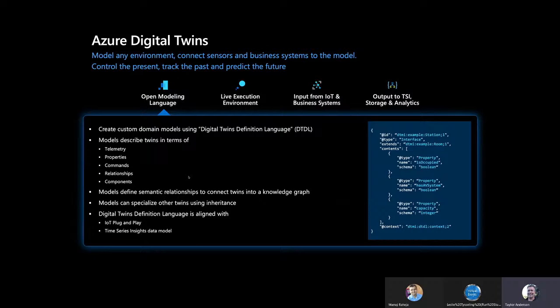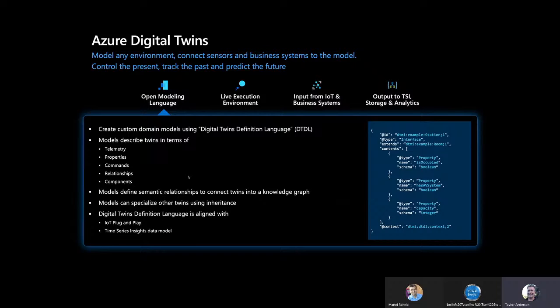Now, when it comes to modeling, what we've done is we've created a new language called the Digital Twins Definition Language, or DTDL. It allows you to create models that then are instantiated as twins in your graph. And these models allow you to have a variety of different properties.